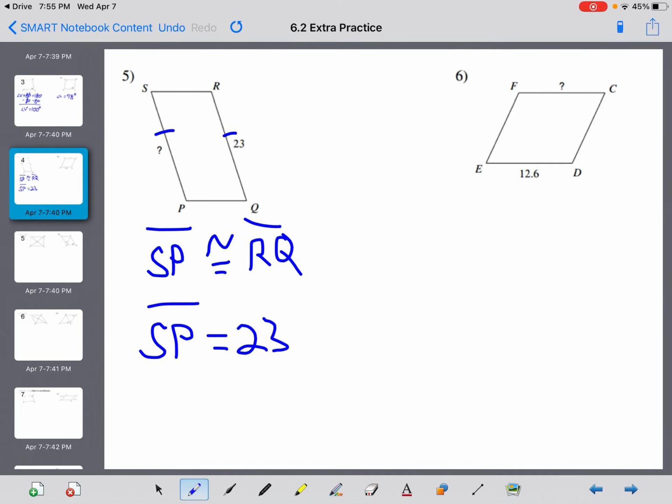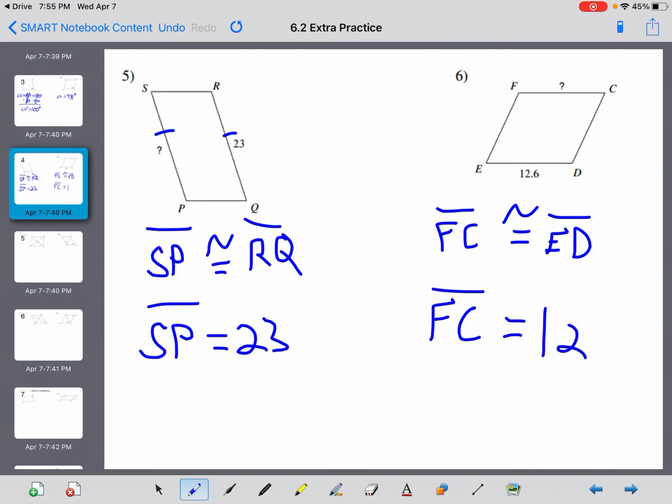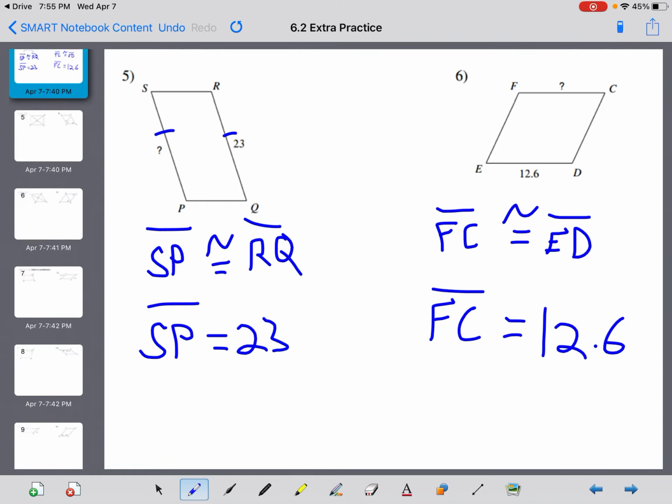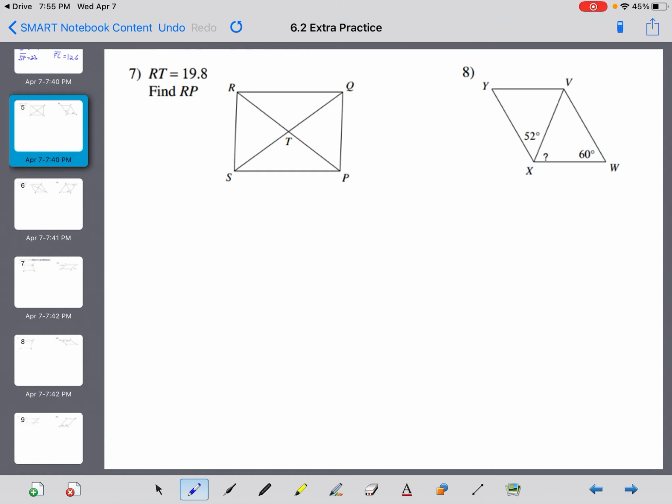Okay. For number six, you have the same scenario. FC is congruent to ED, which means that side FC must equal 12.6. For number seven, we have RT is equal to 19.8. They want to find the entire length of the line RP.